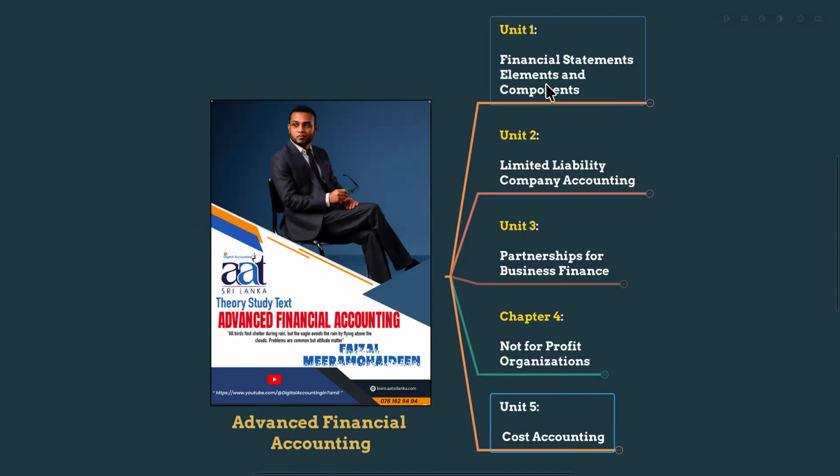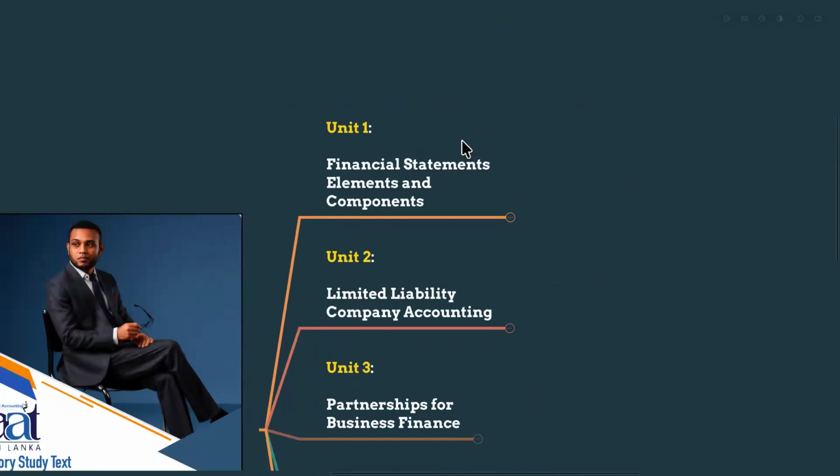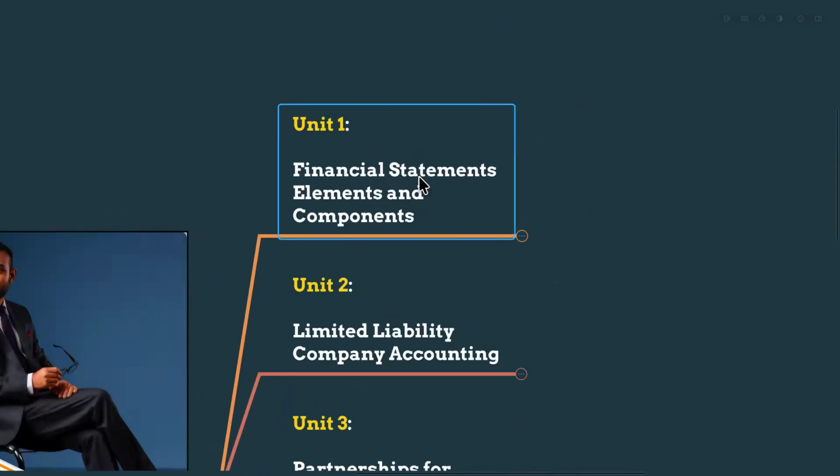So let's explore chapter 1, financial statements, elements and components. This is our very first chapter, right? We are starting the accounting journey in level 2, my dears. This chapter is all about understanding some basic concepts of financial statements.